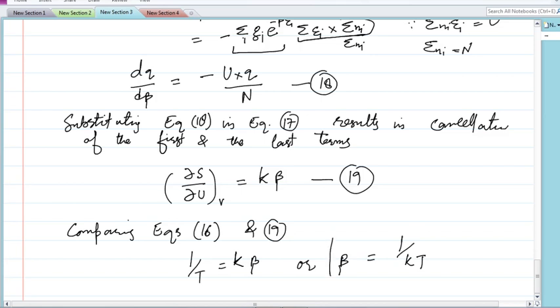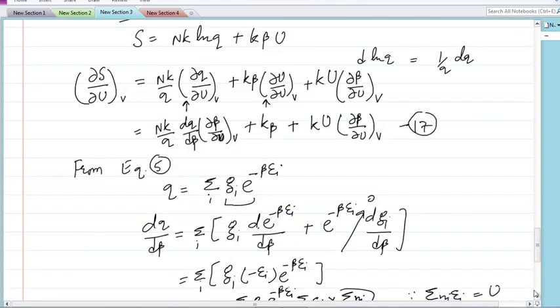So you have to remember, for all the statistics we have discussed, whether that is MB, FD, Maxwell Boltzmann, Fermi-Dirac, here all the three statistics, their beta value is basically equal to 1 upon kt.